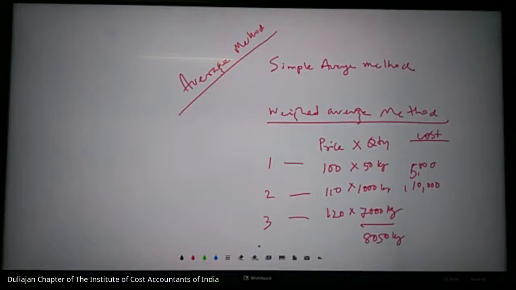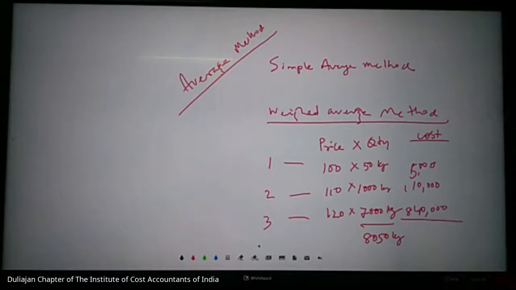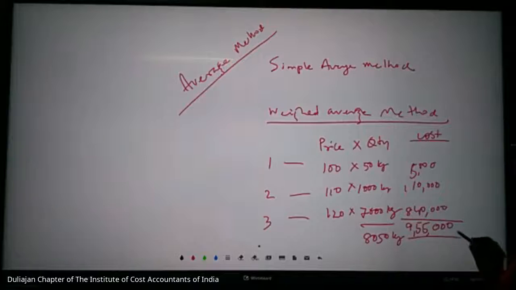And 120 into 7000 is 8,40,000. Now you total all the cost, you will find here 9,55,000.